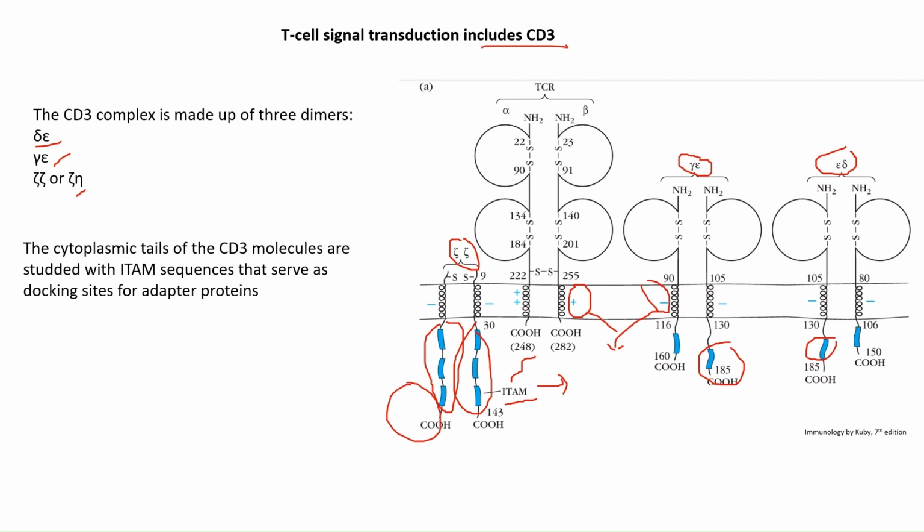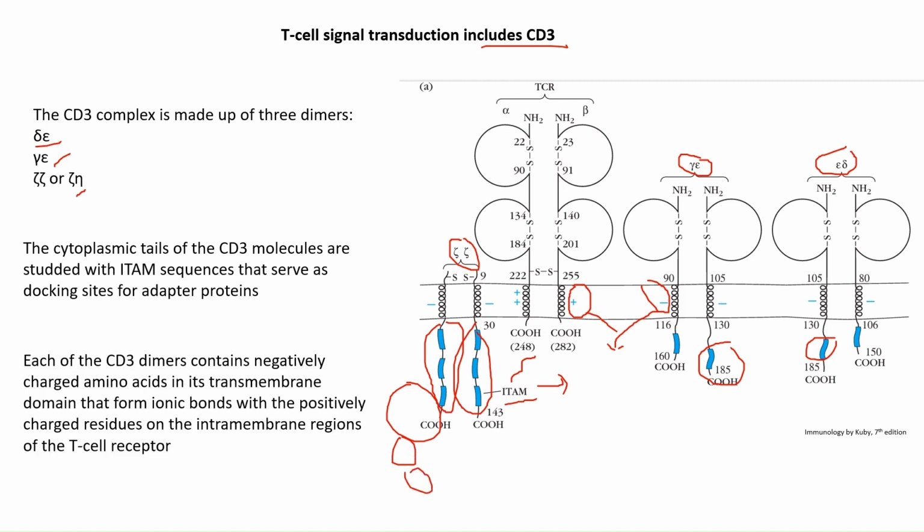Now these adapter molecules act as a docking site for other signaling molecules. So this we learned already. Now this is the same thing. CD3 dimer contains negatively charged amino acids, that is there in this figure. Now you have to tell me why this difference in charged amino acids is necessary.